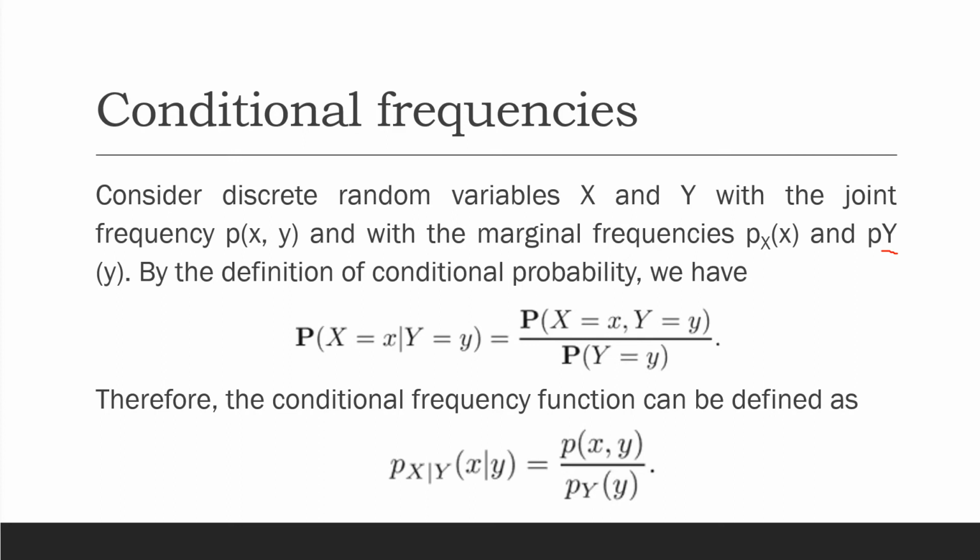The conditional probability of A given B is equal to the probability of A and B over the probability of B. So this is actually similar to each other. Therefore, the conditional frequency function can be defined as follows.